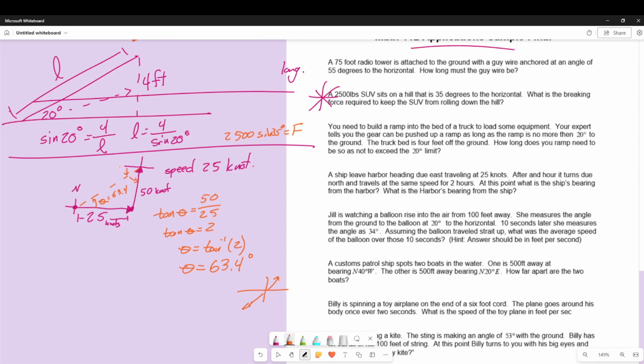That does mean this angle up here also has to be 63.4 degrees, because they're opposite interior angles. And if we want to find that other little angle inside there, it's got to be its complement. So that would be 26.6 degrees, that little angle in there.